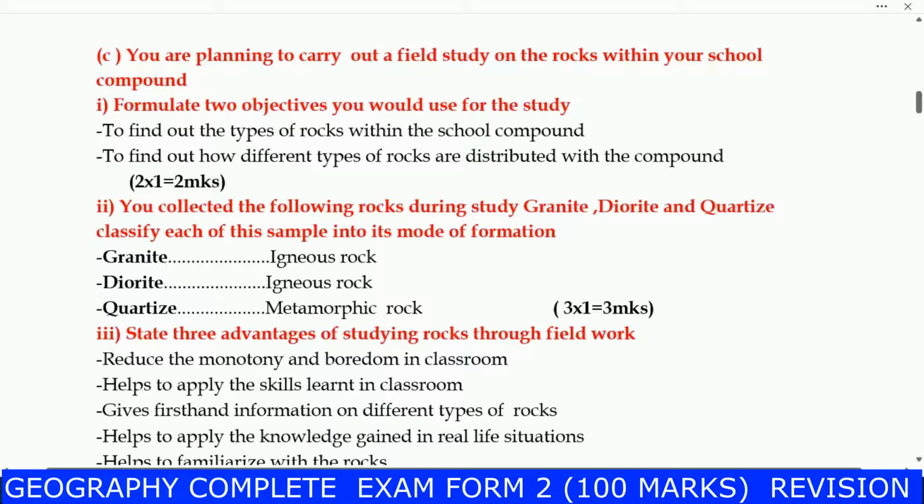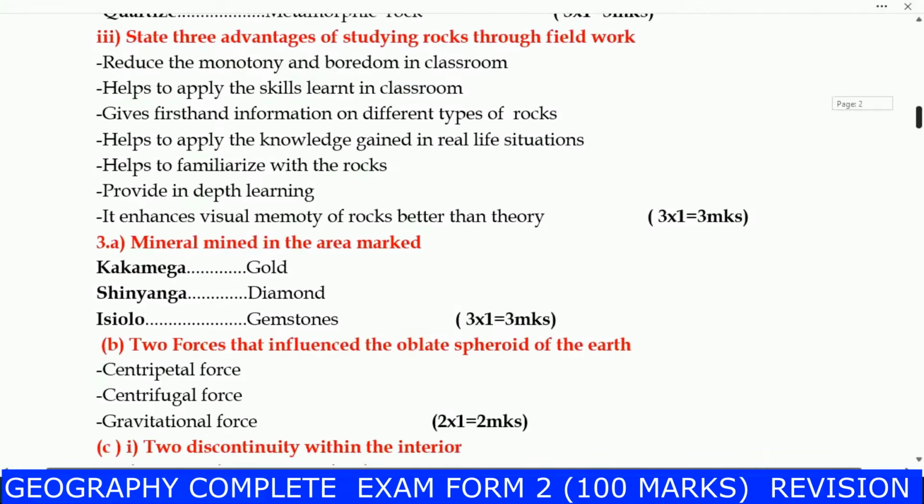Roman 2, you collected the following rocks during the study: granite, diorite. Classify each of these samples into its mode of formation: granite, igneous rock; diorite, igneous rock. Go to the next one.